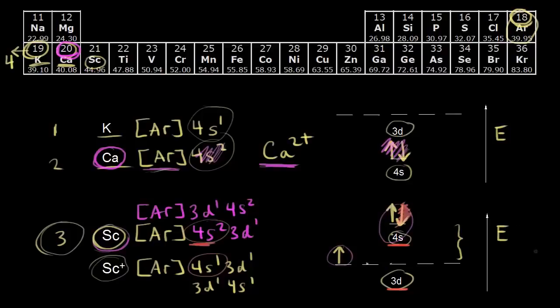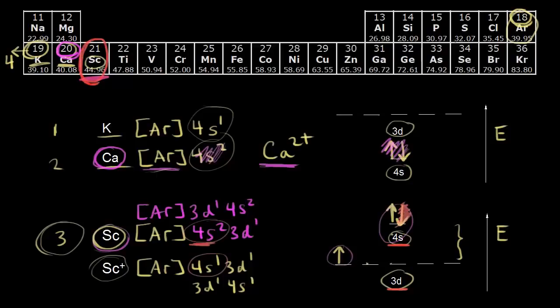You don't see this a lot in textbooks, and I think the main reason is that if your goal is to write electron configurations, let's say you're taking a test and you want to write the electron configuration for scandium, the easiest way is to look at the periodic table.